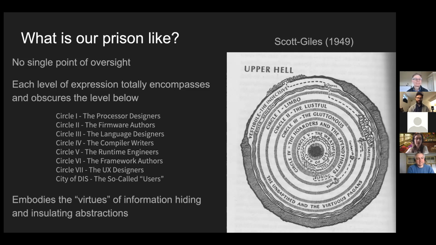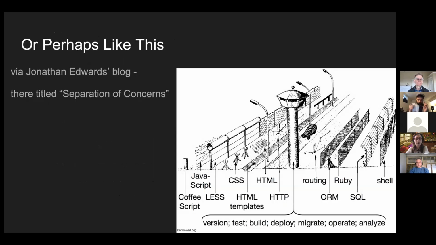This is very reflective of the canonical virtues of programming, where we practice information hiding and have insulating abstractions, which mean that there is a very limited surface of communication between one layer of computation and the next. Another image that describes this analogy quite well is this one, found on Jonathan Edwards' blog. It's called separation of concerns.